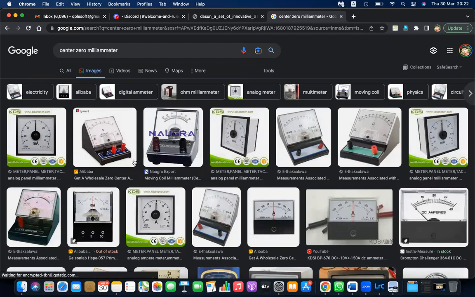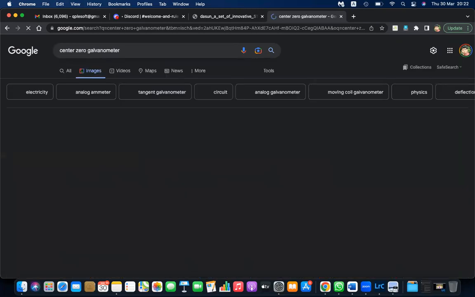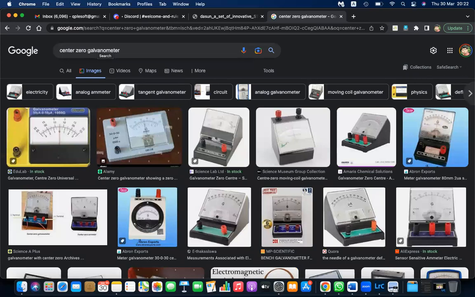It is to measure some high power, but here it generates very small power. Therefore, we can use a milliammeter or galvanometer. Right, that can be used to measure this.